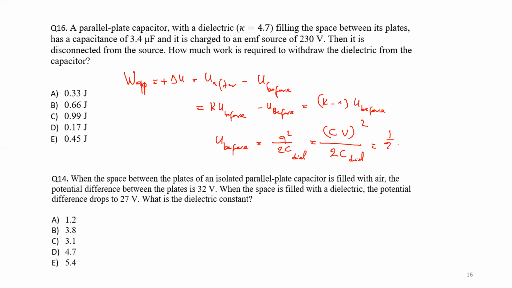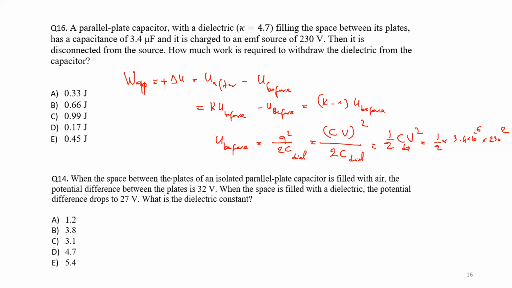Well, this gives me half CV squared, as I know already. It's half, C dielectric is 3.4 microfarad, times V squared, which is 240 squared.